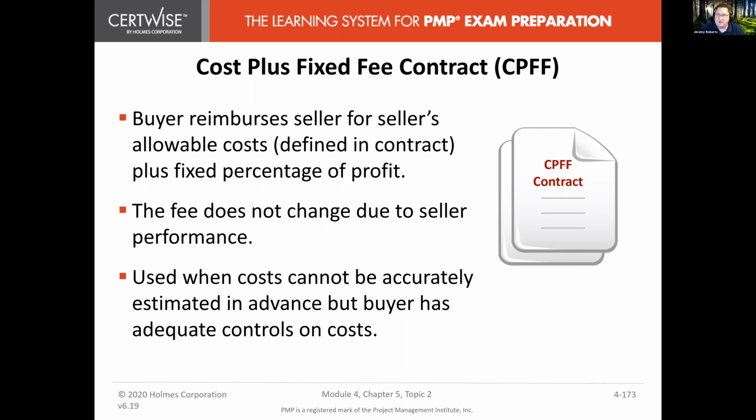Cost plus fixed fee. Buyer reimburses the seller for the seller's allowable cost plus a fixed percentage of profit. So, the fee does not change due to the seller's performance. It's used when costs cannot be accurately estimated in advance, but the buyer has adequate controls on costs.